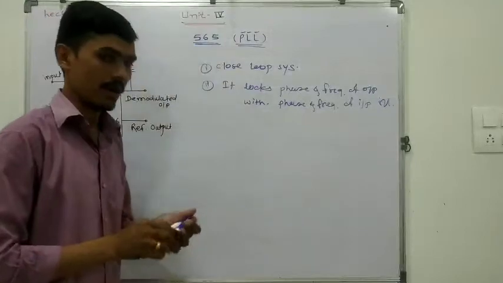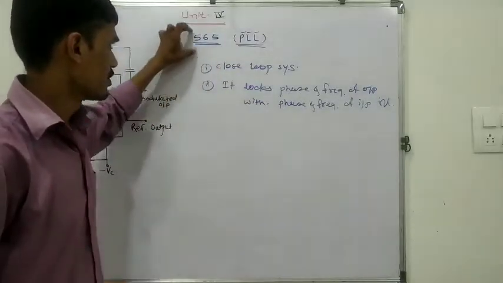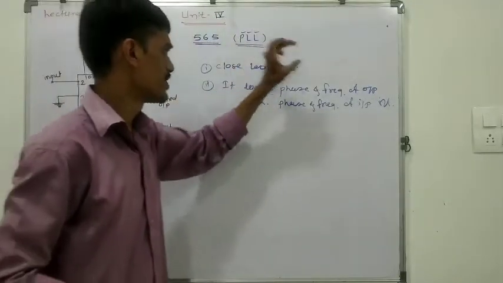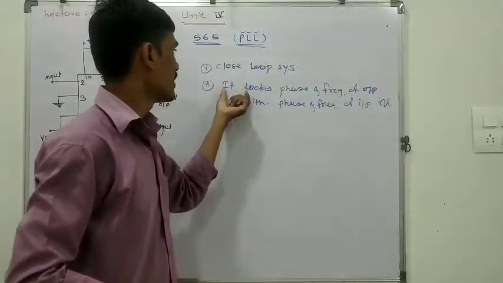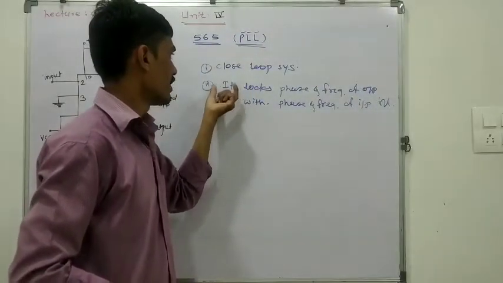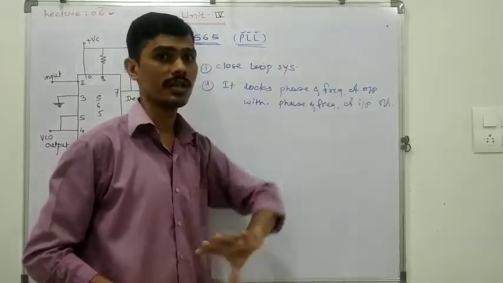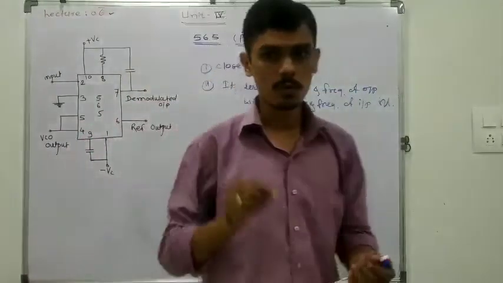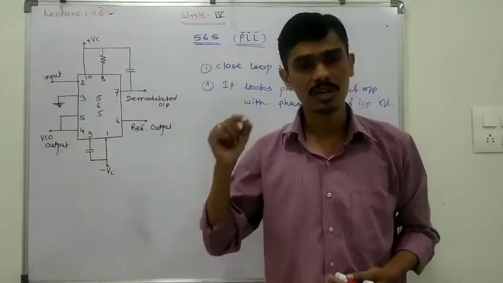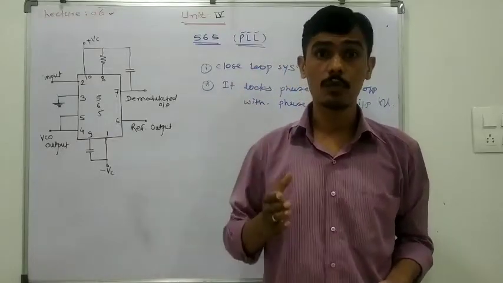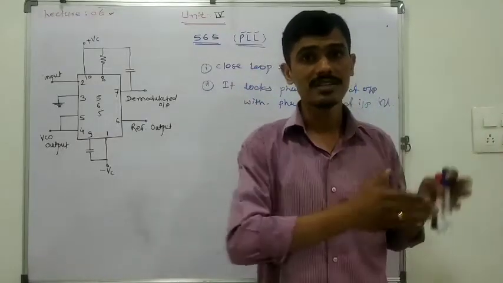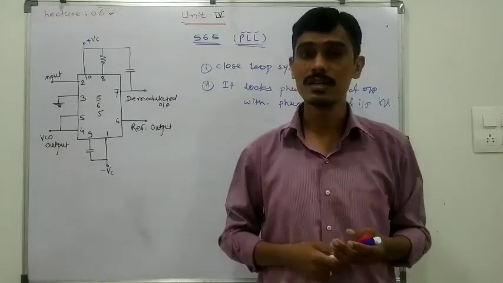Now again, what is PLL? PLL is a closed loop system, and it can be used to lock the phase and frequency of the output signal. That means whatever output signal we are getting locks with the input phase and frequency of the signal.